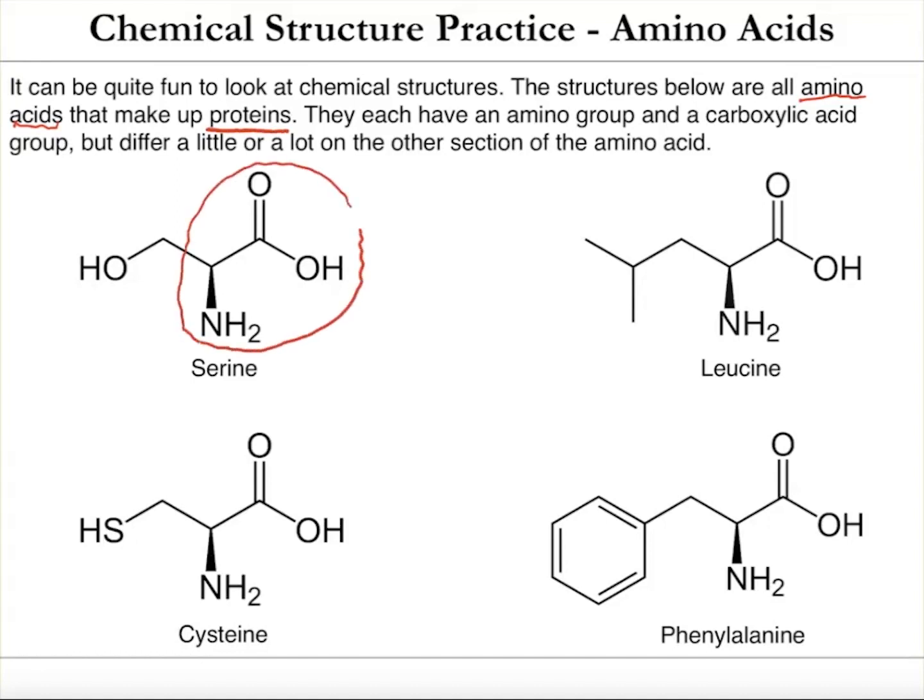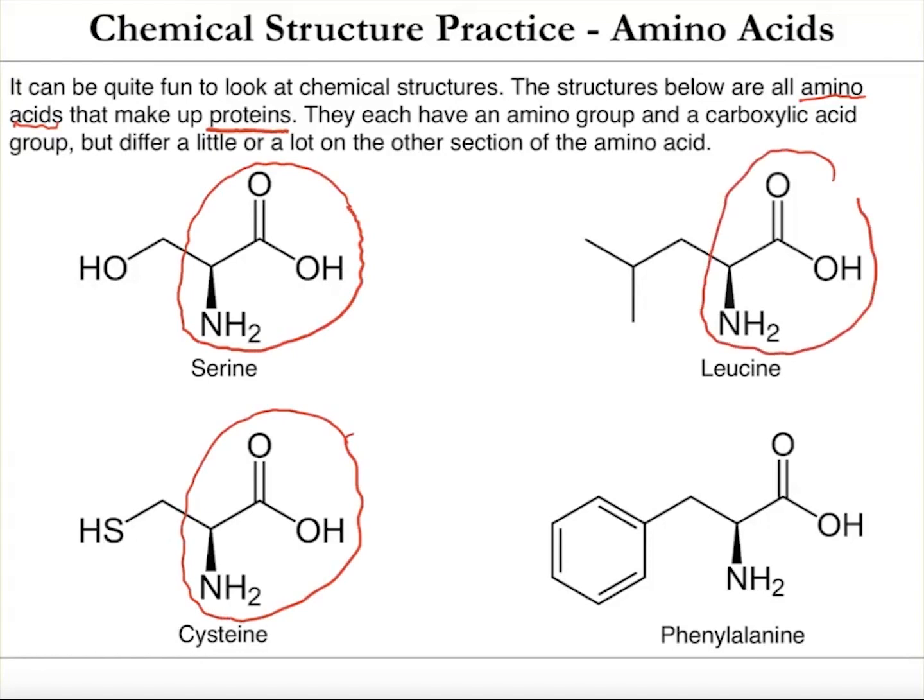So this is the amino acid serine, this is cysteine, this is leucine, and this is phenylalanine. This region that I just circled is exactly the same for each of these amino acids, and it actually gives them their name. The amino in amino acid comes from this group right here.